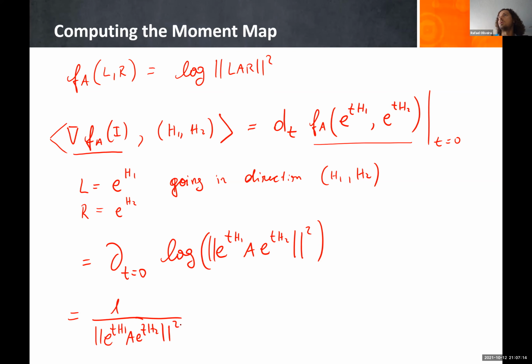And then if I take the derivative, log of x is 1 over x times, and I use the chain rule. So I have 1 over the norm squared of e to the t h1, a, e to the t h2, and now I have to take the derivative of this guy in the middle.